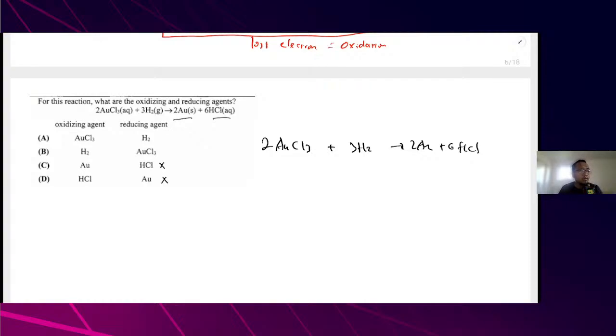In a redox reaction, one substance loses electrons and the other gains electrons. Remember OIL RIG. Oxidation is losing electrons, and reduction is gaining electrons.